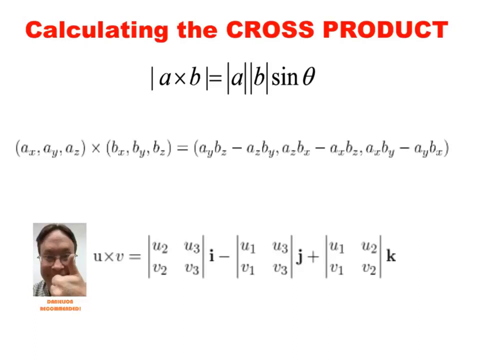As a reminder, we had a couple of different ways of calculating the cross product. We really focused on this one: using a matrix and doing the determinant. That is exactly the same as this formula, where we have this minus this. You can see that right here, this minus this, and this minus this.